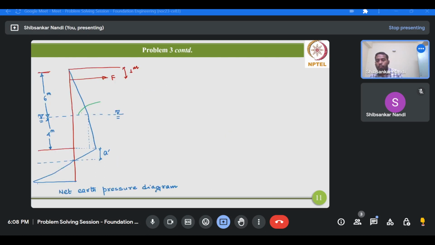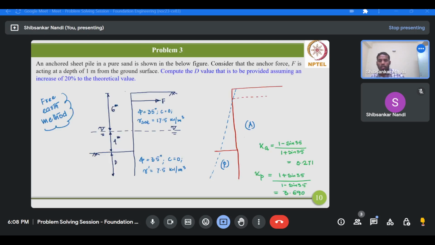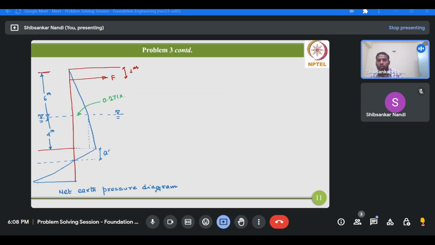Now the active earth pressure at the water table location will be simply Ka gamma z. The Ka value is 0.271, gamma is the saturated unit weight 17.5 above the water table, multiplied by 6.